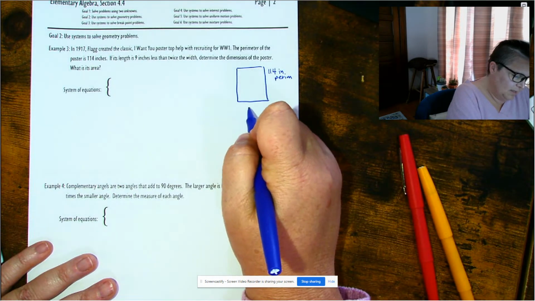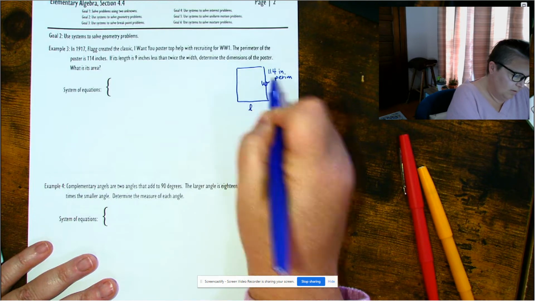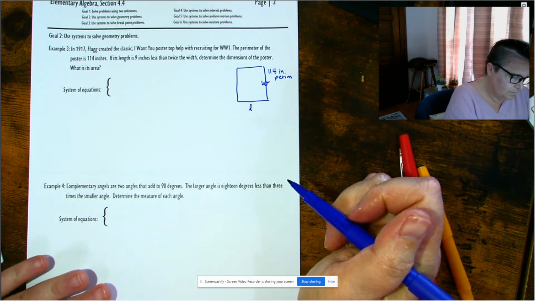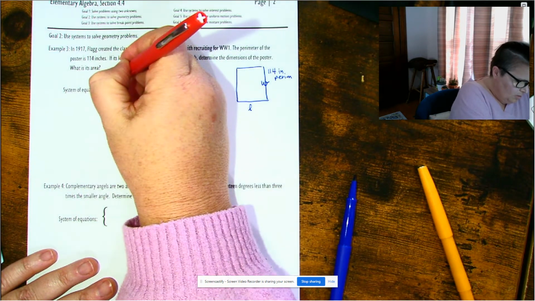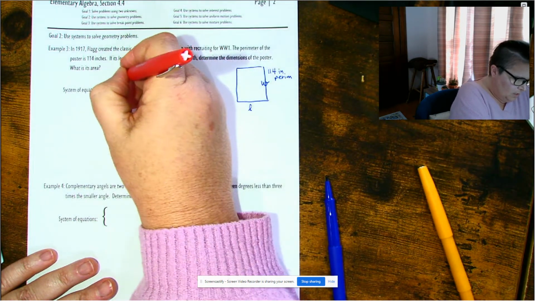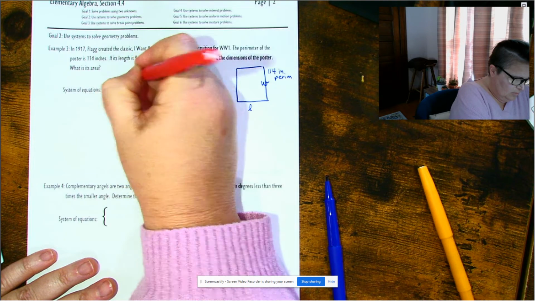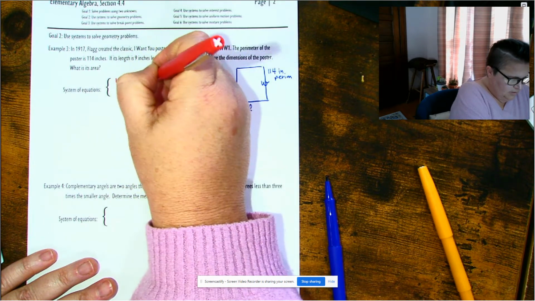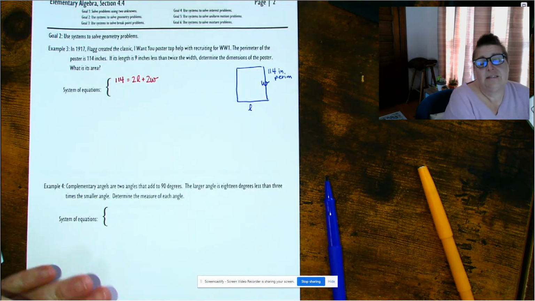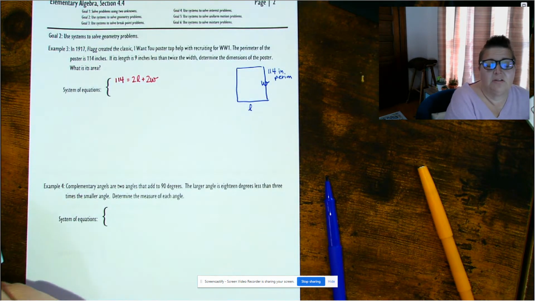So we'll do length here and width here. All right, we know that the perimeter of 114 should be 2 lengths plus 2 widths. That is the perimeter formula for any rectangle, 2 lengths plus 2 widths.